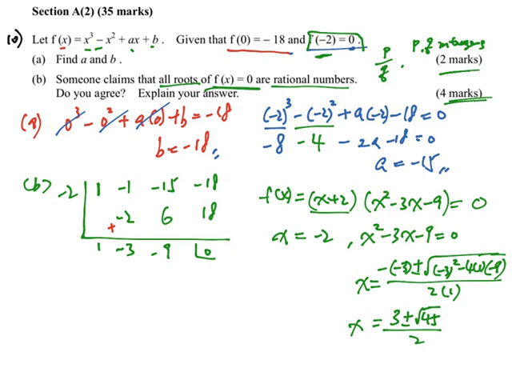When you see a square root, 45 can't be square rooted to become an integer. So that means it is not rational. So we can say it is not rational. So finally, we can say, okay, I disagree.